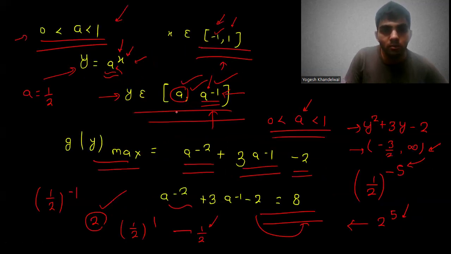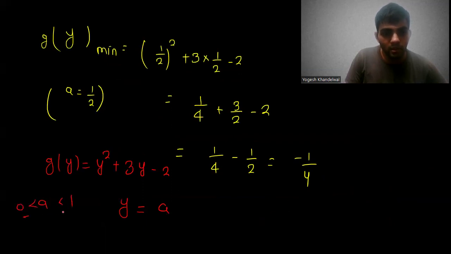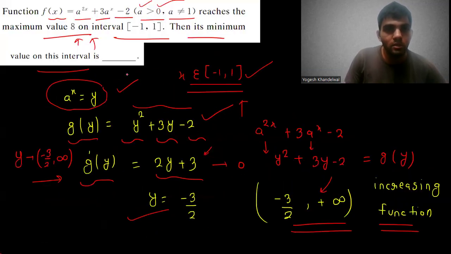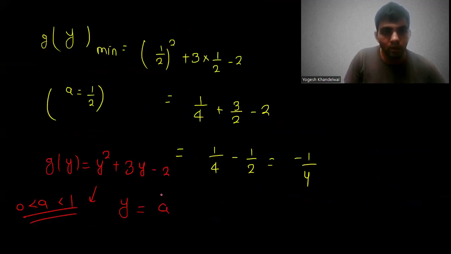And we also know that the minimum value comes when, if we put y = a, so our function is g(y) = y² + 3y - 2, and minimum comes when we put y = a, and we are solving for this range, a belongs to 0 to 1, because in the question we have to find its minimum value. So if I put y = a, I found a is equal to half.